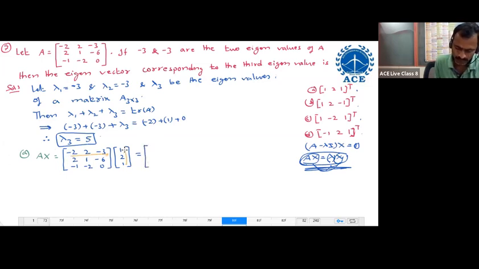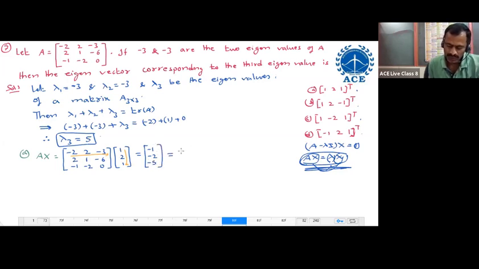Row times column: minus 2 plus 4 minus 3 and so on, giving 2 plus 2, 4 minus 6, minus 2, minus 1 minus 4, minus 5.